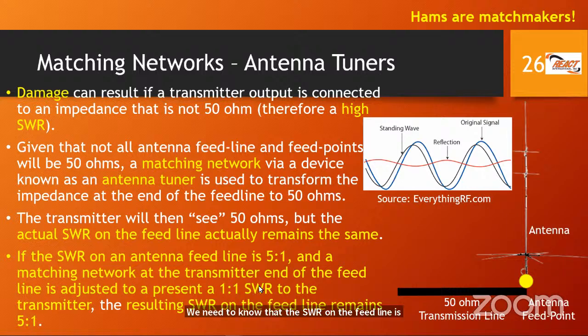So even though we're using a matching network or an antenna tuner to make the radio see 1:1, it actually doesn't change on the feed line itself. It still remains 5:1. If before we put the antenna tuner in circuit it was 5:1, after we put it in, it is still 5:1 on the actual line, but the radio will just see 1:1 when we adjust the tuning dials, right? So we'll come to a graphic to show us what it looks like. All right.